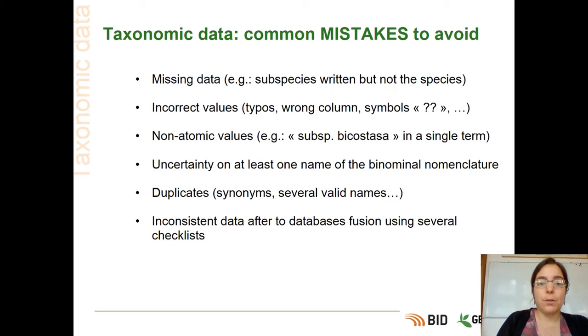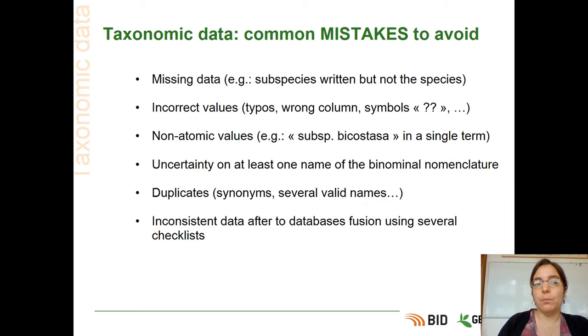One of the common mistakes regarding taxonomic data can be duplicates. So, uncertainty on at least one name of the binomial nomenclature. So if you have some doubts about the identification of your individual, if you have some doubts about the species, for example, the best thing is to stop the identification at the genus level, and then you can ask for help from an expert about the identification of the species.